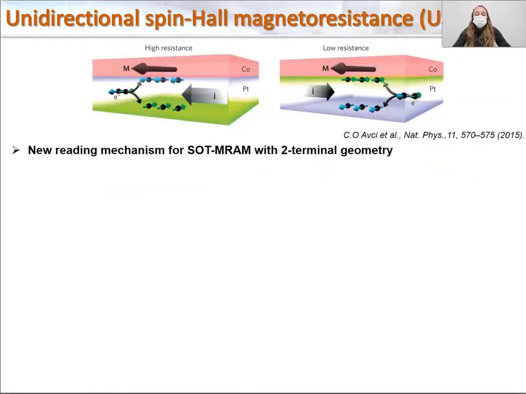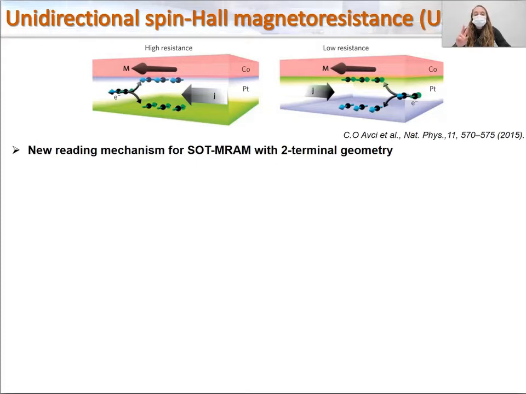In view of memory, there are two effects in particular that can be exploited. The first is spin-orbit torque, SOT, in which the spin accumulation induces a torque on the magnetization, which can be used as the switching mechanism in SOT MRAM.